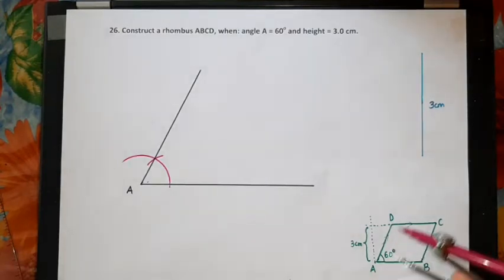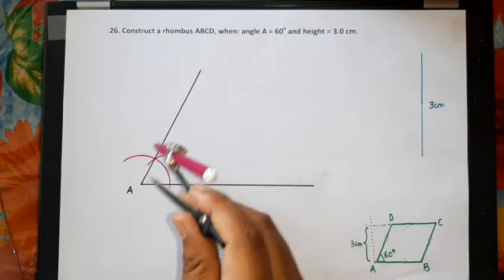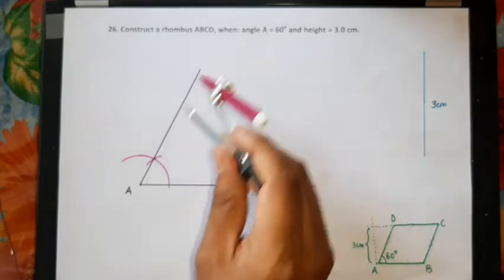Okay, so this side is drawn. Now we don't know this length. Do we know AD? We don't know. So that's why we cannot cut from here to this extended line.